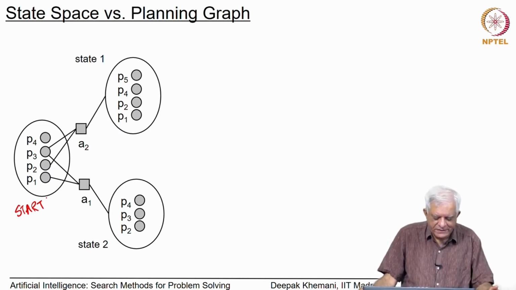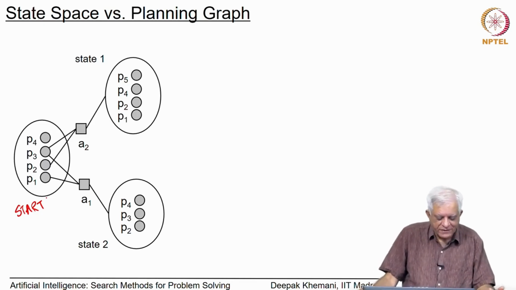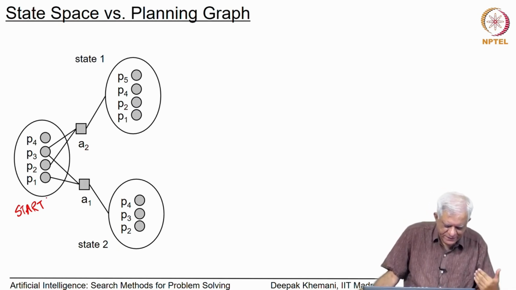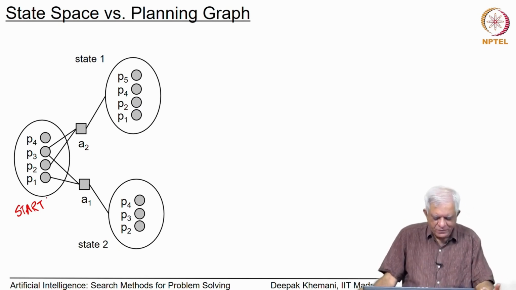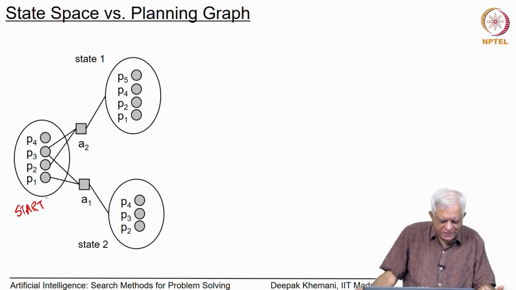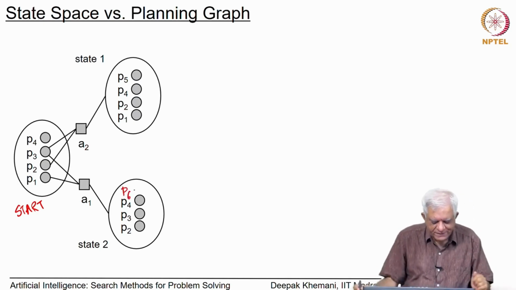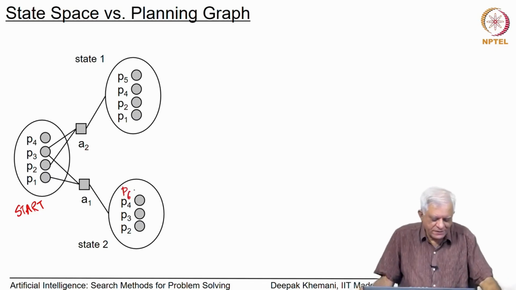So, in this diagram, there are 2 new states, state 1 and state 2. State 1 has P1, P2, P4 and a new proposition called P5, and state 2 has 3 predicates P2, P3, P4. Perhaps I should have added another one, P6, but anyway, this is just to illustrate the idea.